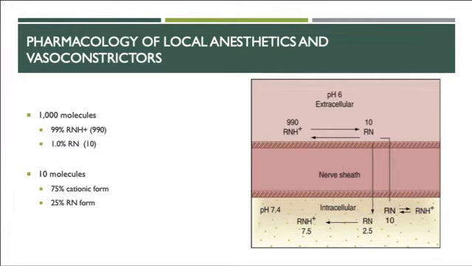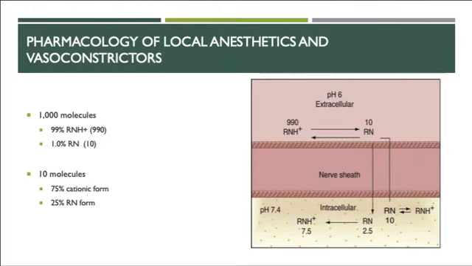That would mean that only 10 of these 1,000 molecules are in their RN or free base form of the molecule. And only 10 of them are available to diffuse through the nerve cell. Realistically, like I said before, it's a little bit less than that, but for simplicity's sake, let's assume that all 10 make it into the nerve.